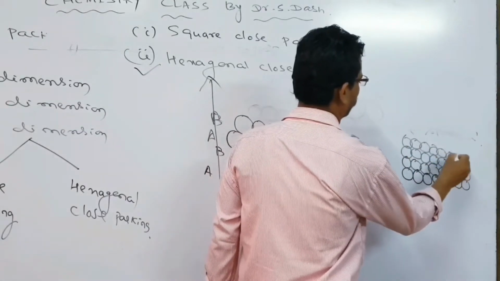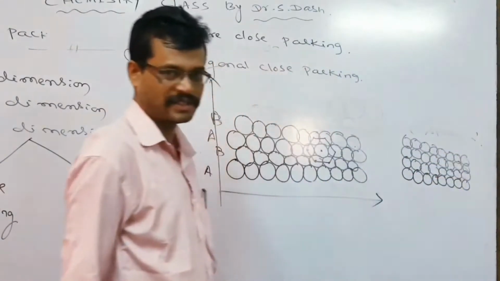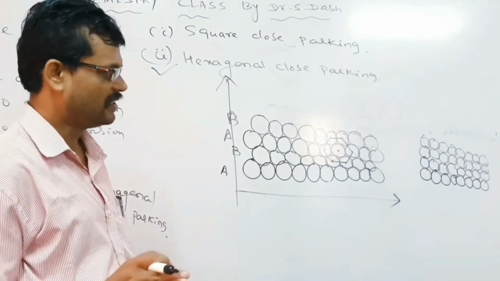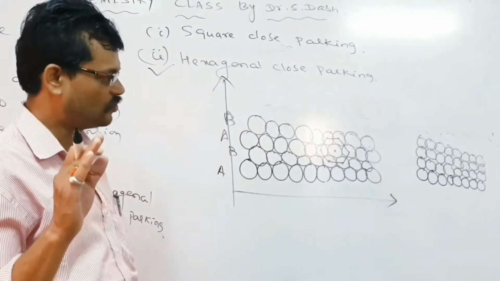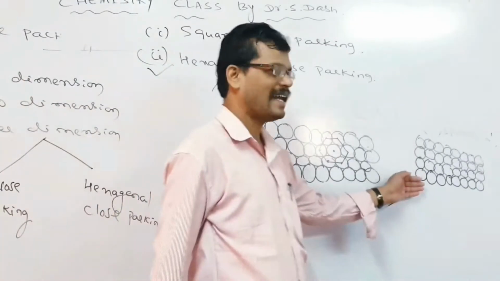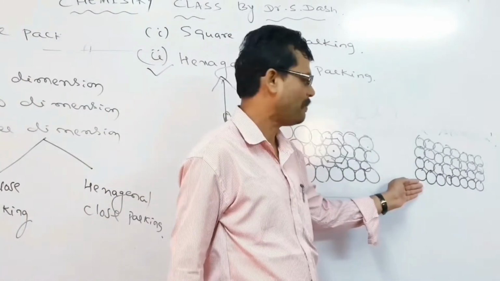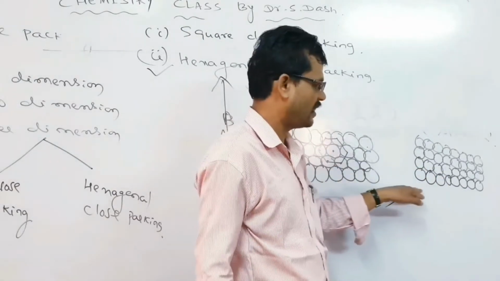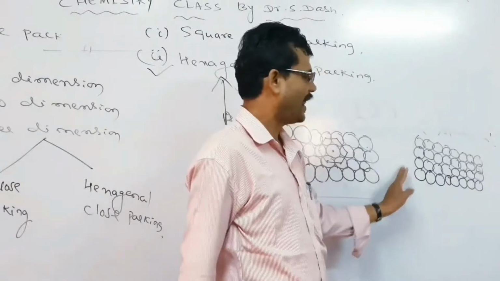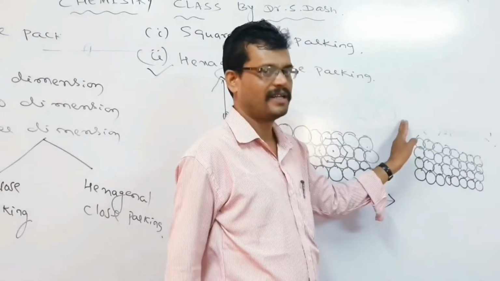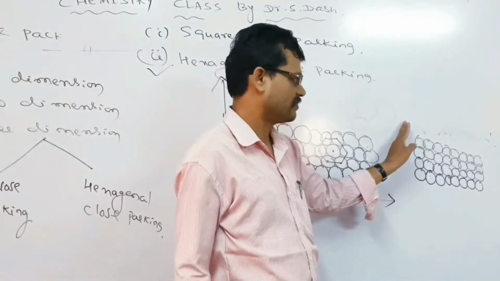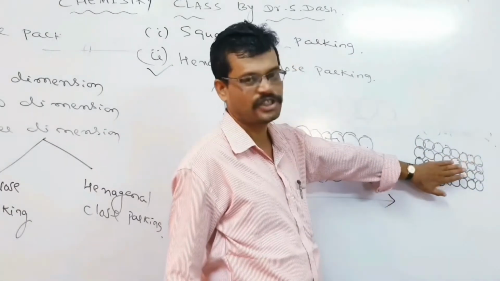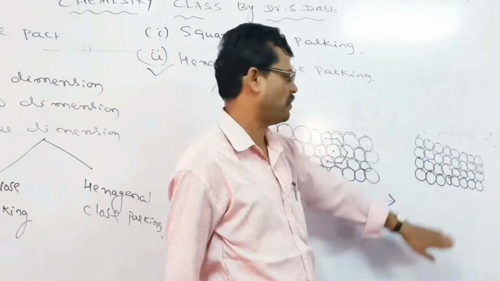Whenever we have to keep the third sphere, the third sphere will just superimpose this layer only. What is the arrangement in horizontal manner as well as vertical manner? The third layer, the third dimension, will come just above it, simply above it.